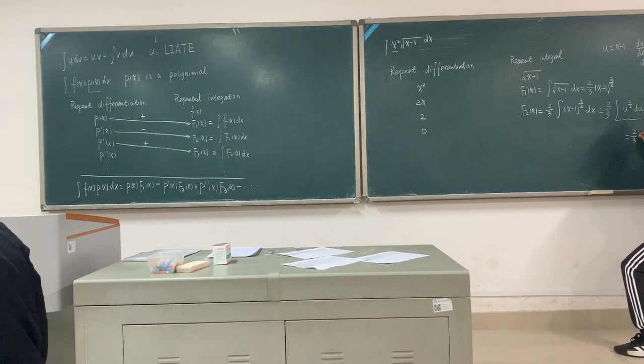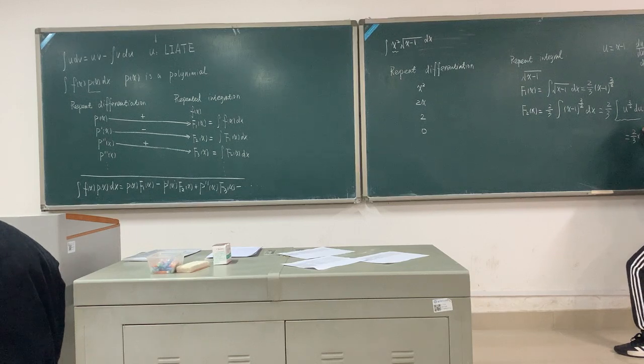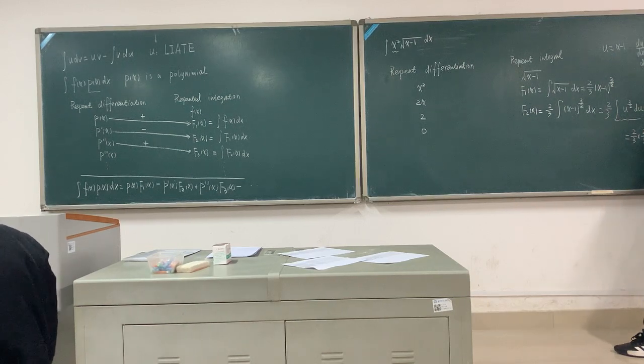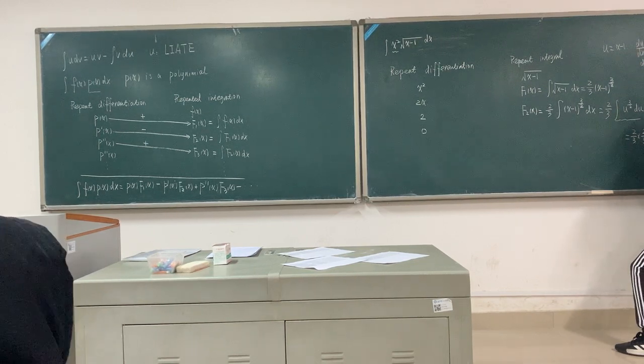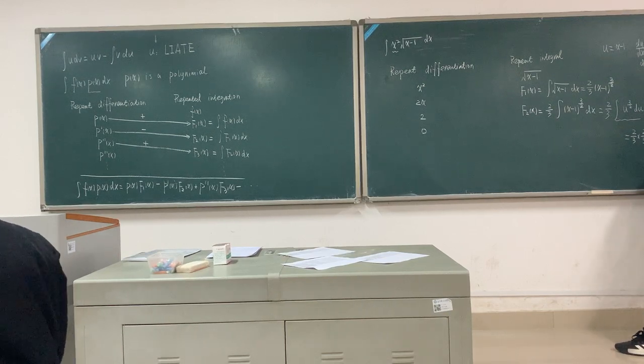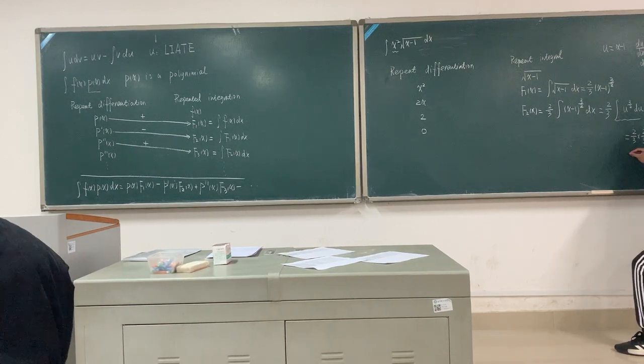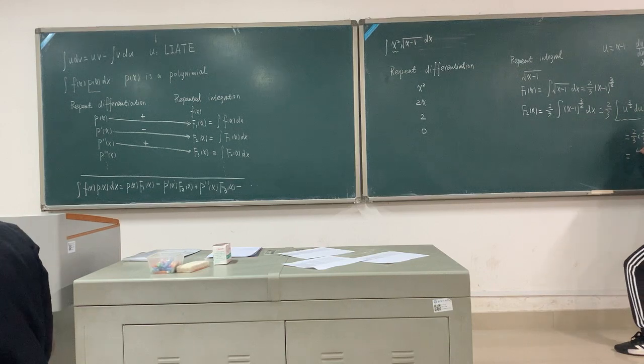So here is 2/5 times u to the power 5/2, where u equals x minus 1, so (x minus 1) to the 5/2 power. So 2 times 2 is 4, and here is 15.